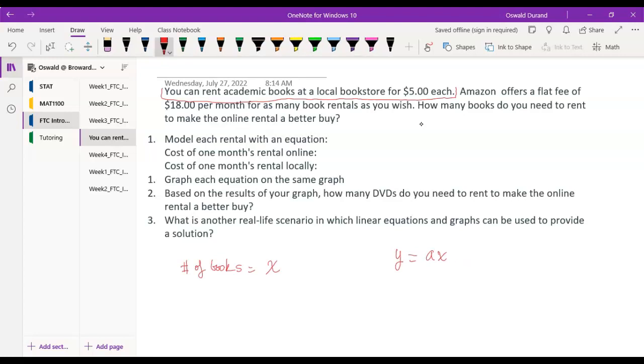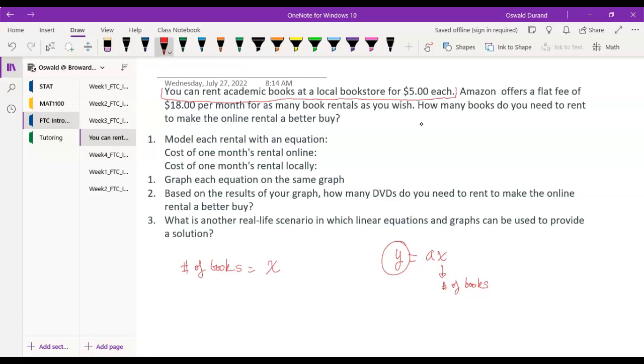But basically the simplest situation would be this. Here the x represents the number of books. That's the independent part of the equation. The y will be dependent on the number of books.